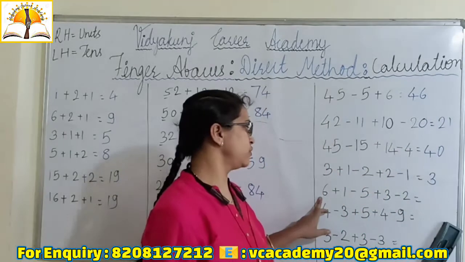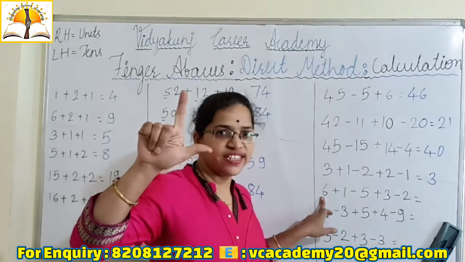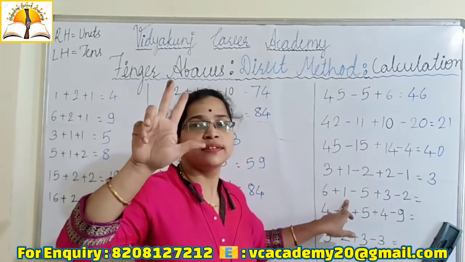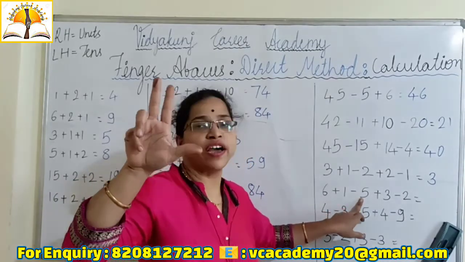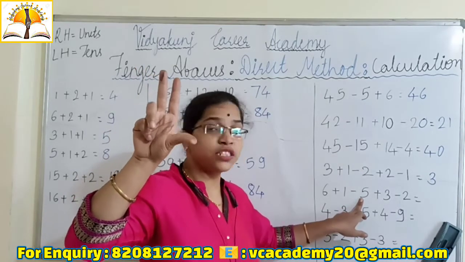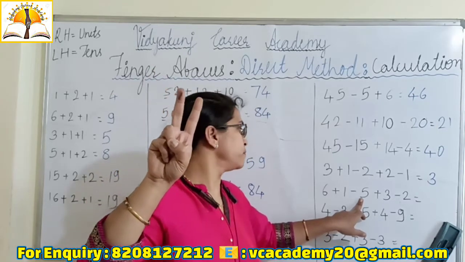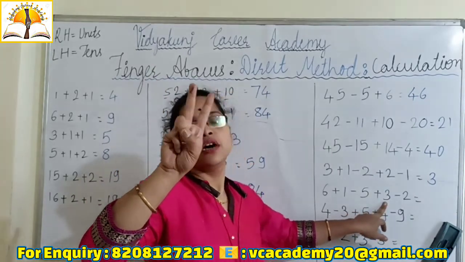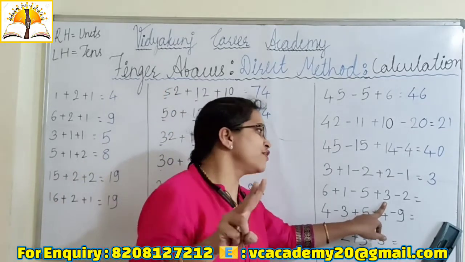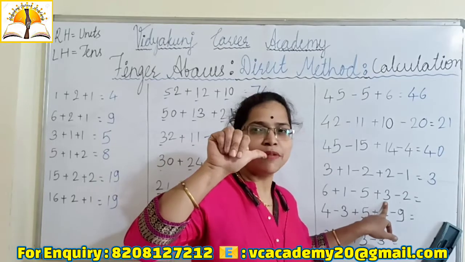Next. 6 we have to take here, a single digit number, then on the right hand. 5, 6 plus 1, 7 minus 5. Close this finger, it means the thumb. We have to close the thumb. 4, 5. Okay, plus 3. How do we do it here? Again the concept of 5, but I will do it. Raise the thumb, minus 2.